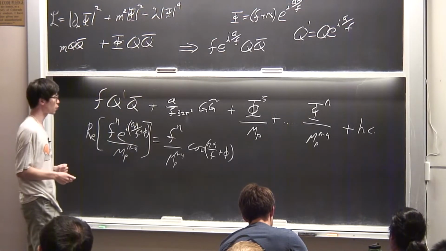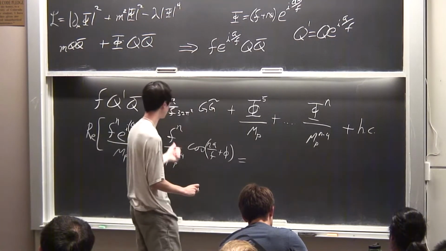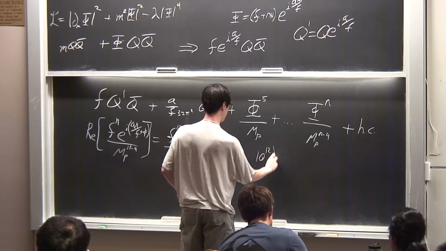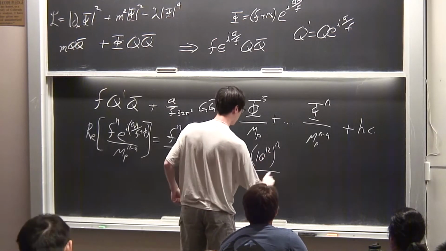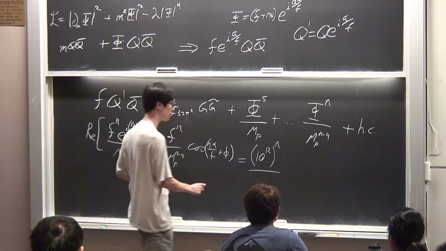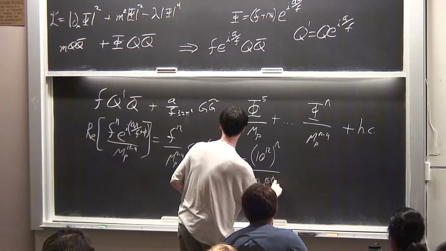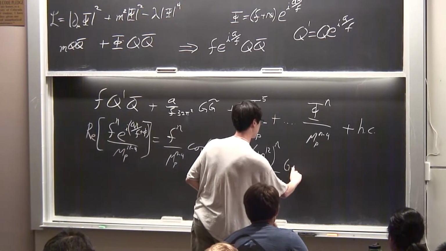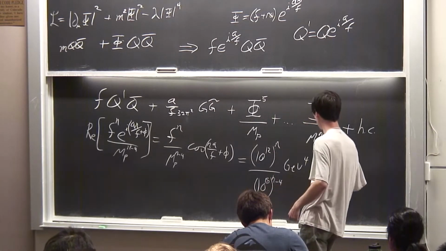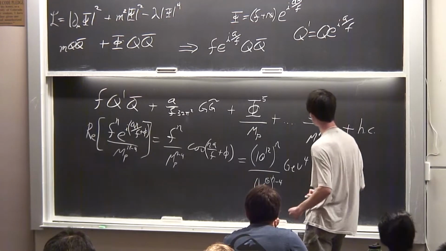And so if you actually work it out, say you put f of 10^12. You want 10^12 to the nth power over M-Planck, where M-Planck is 10^18 GeV or so, so (10^18)^(n-4), and then GeV^4, times cosine(n a/f + φ).